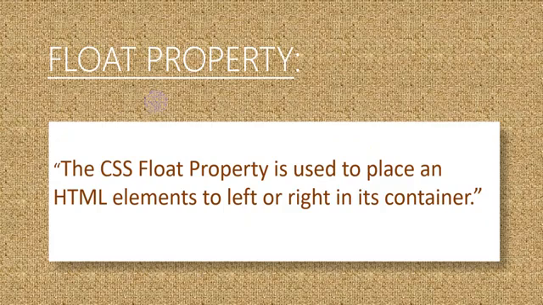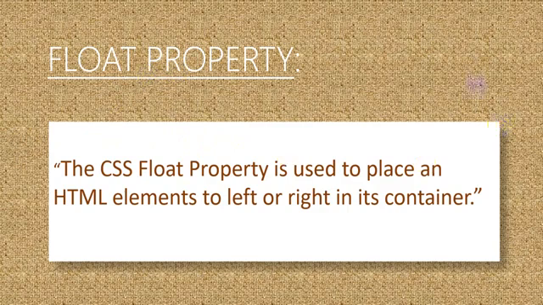We have three valid values allowed for float. Because float is a property and we have three valid values: left, right, and none. If you assign left to the float property, it will move towards the left-hand side, and if you assign right, it will move to the right-hand side, and the default is none.